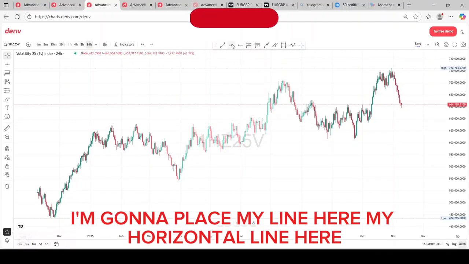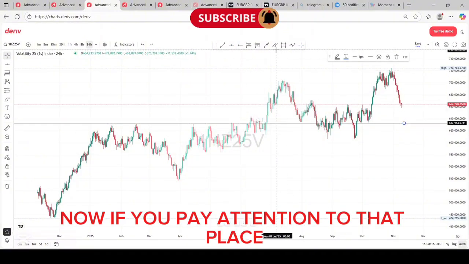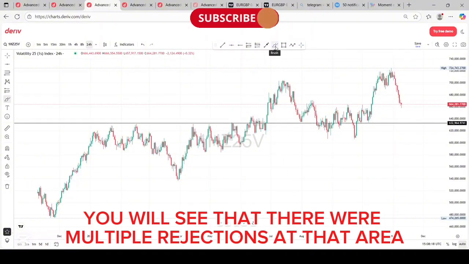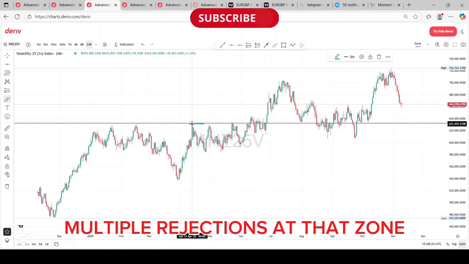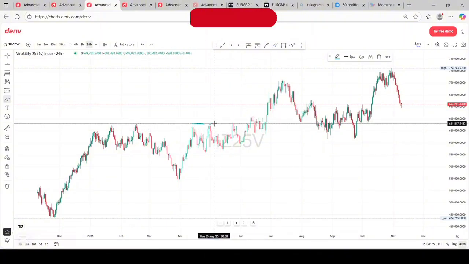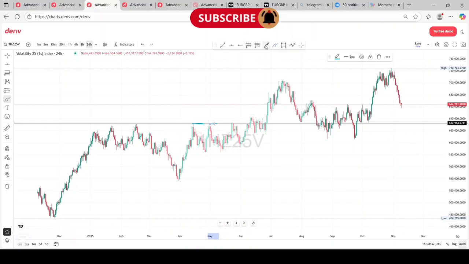I'm going to place my horizontal line here. Now if you pay attention to that place, you'll see that there were multiple rejections at that area, multiple rejections at that zone, and then price was below that zone for a while.